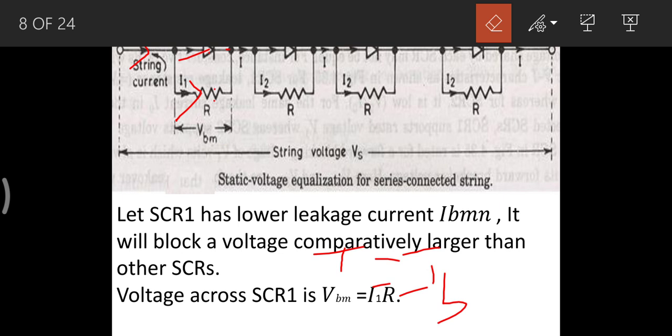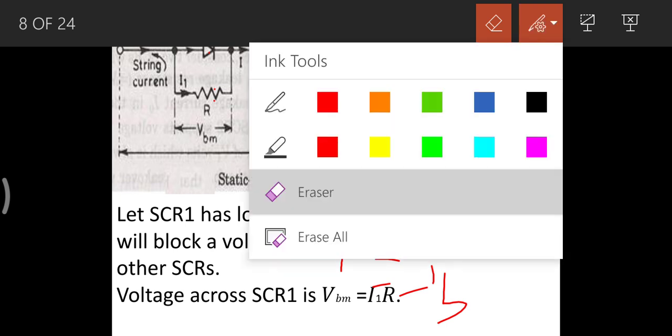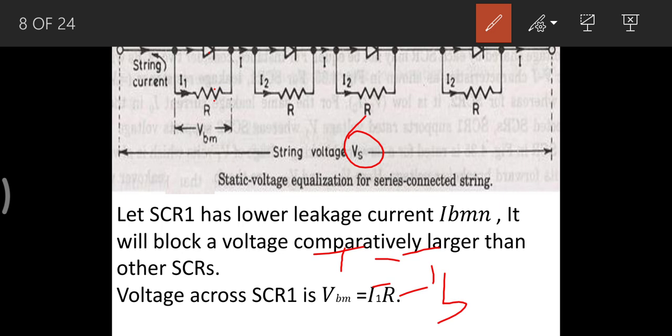Now how can we find the voltage across this entire string? Let us consider the voltage across this entire string as Vs. Yes, this is the string voltage across the total string. How can we find it?